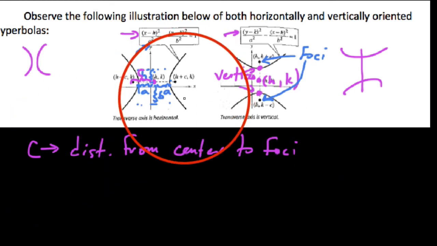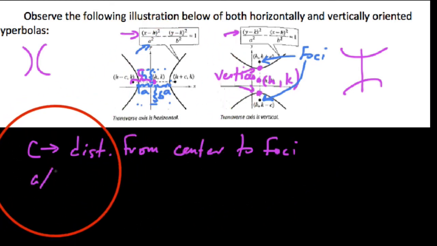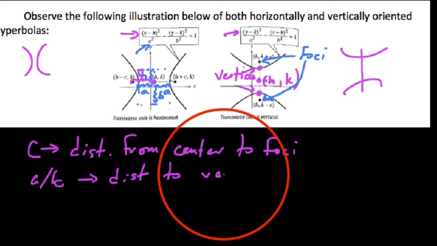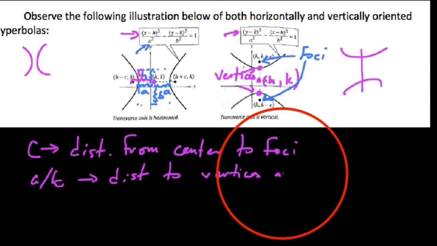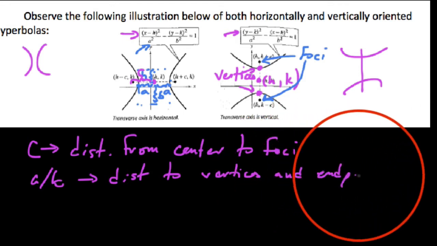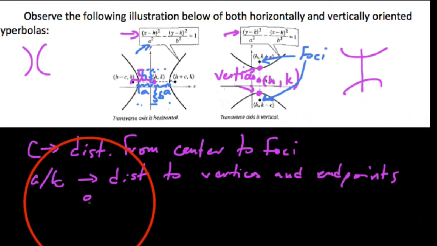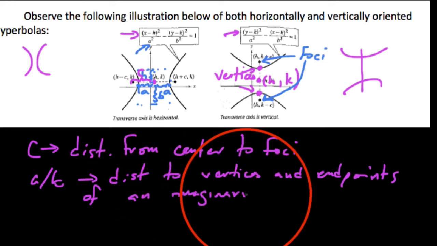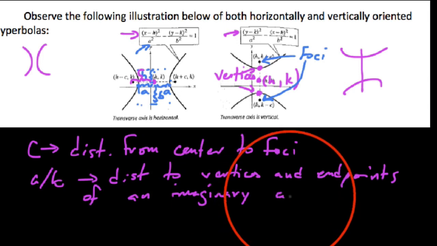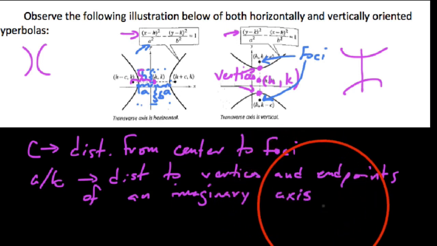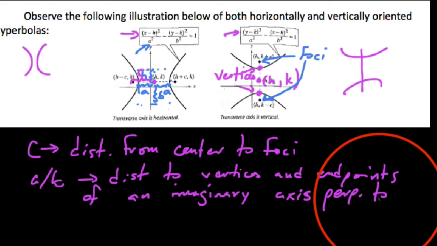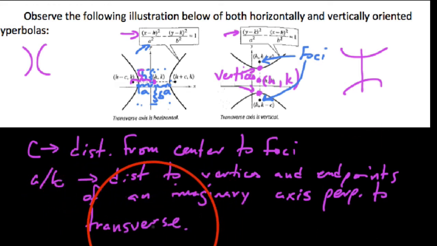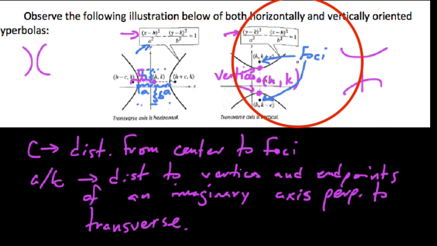And then we would say A and B are these distances, the distance to vertices, and the endpoints, I'm going to write it this way, it's really weird, the endpoints of an imaginary axis perpendicular to the transverse axis that cuts across our hyperbola here. Okay, we could either have a horizontal or a vertical transverse axis.